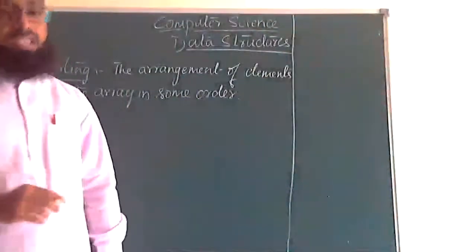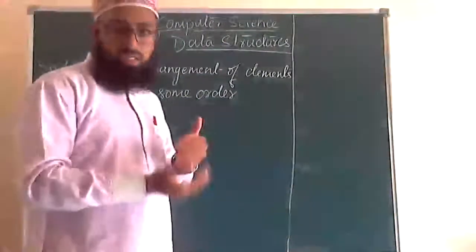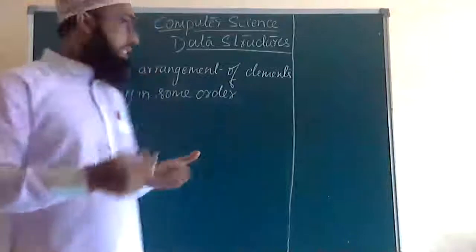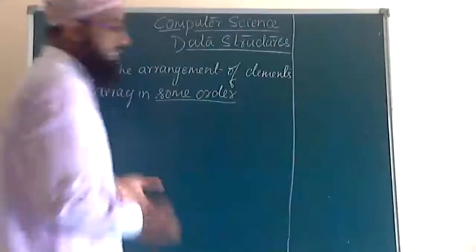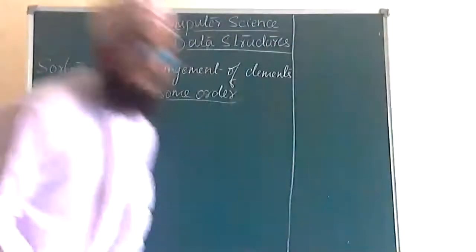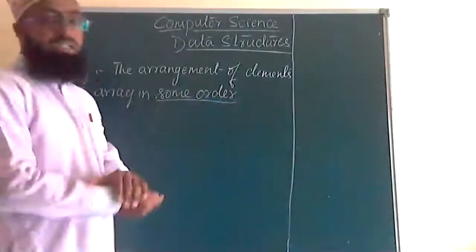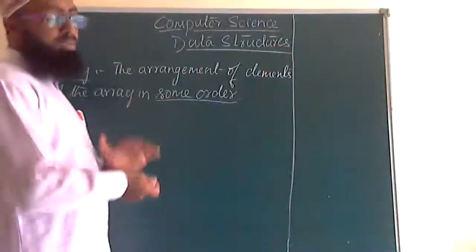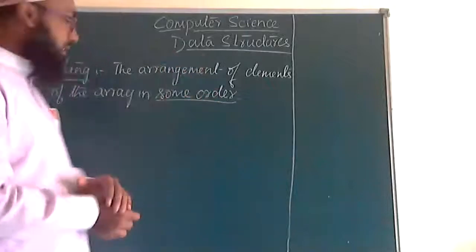This means array elements can be arranged either in ascending order or in descending order. Some order means either ascending or descending order.